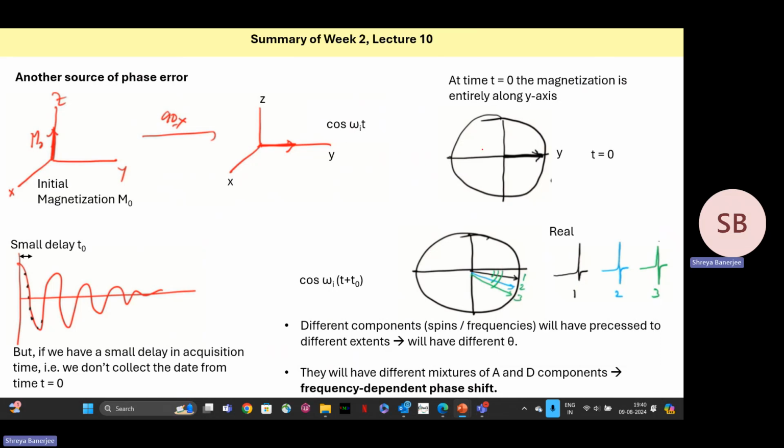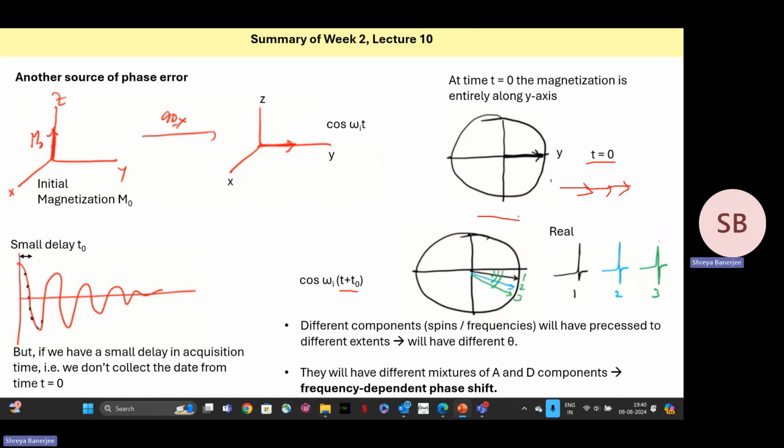in the real case, suppose you have 3 protons shown by 1, 2, and 3 here. In the ideal case, proton 1, proton 2, proton 3 are all on the y-axis at t0. But when you have a time delay, t plus t0, then proton 1, 2, and 3 will separate out.